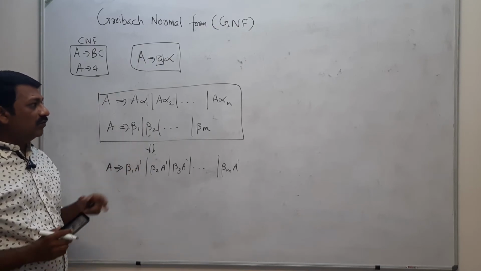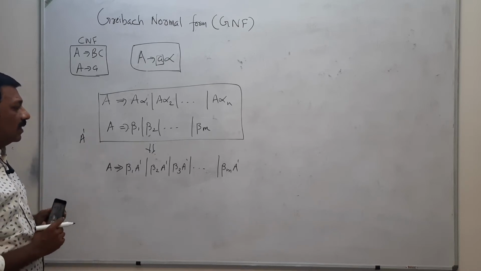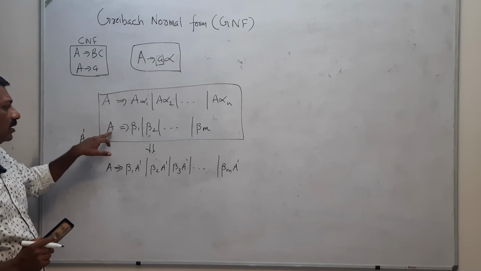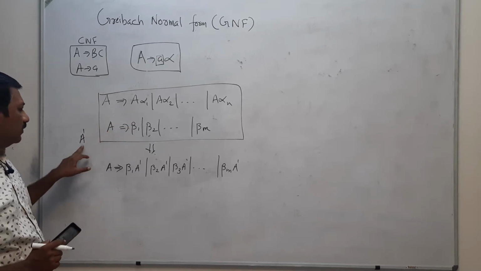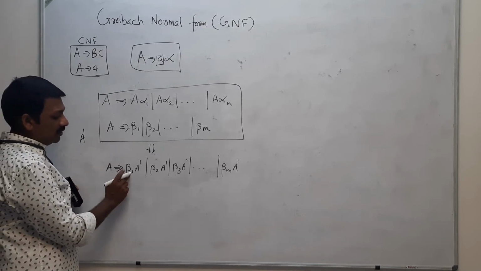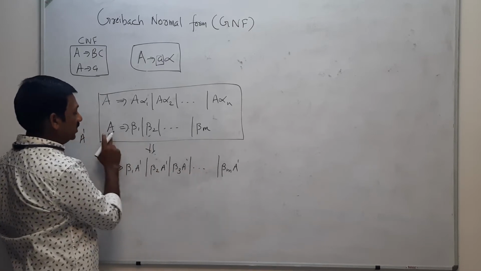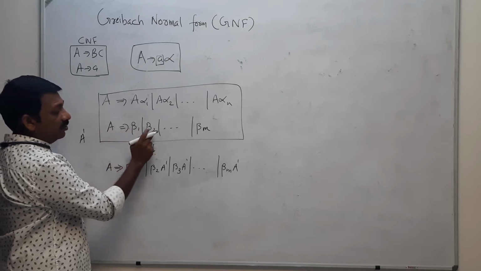Here in this case we have only one variable A, and I'm going to have a new variable A dash, and now A derives beta 1 A dash, beta 2 A dash, beta 3 A dash up to beta m A dash. That's why it is so.